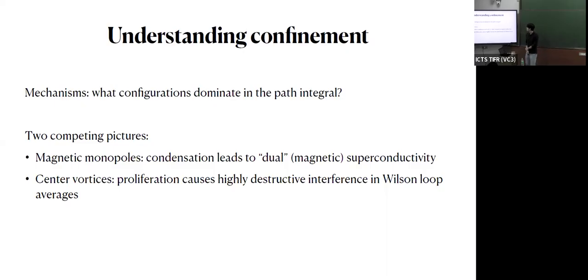On the other hand, there is a different picture which seems to be more favored by those in the lattice community. And these are center vortices. And I suspect these are slightly less familiar. So I'll spend a bit of time reviewing what exactly this competing picture of confinement is.